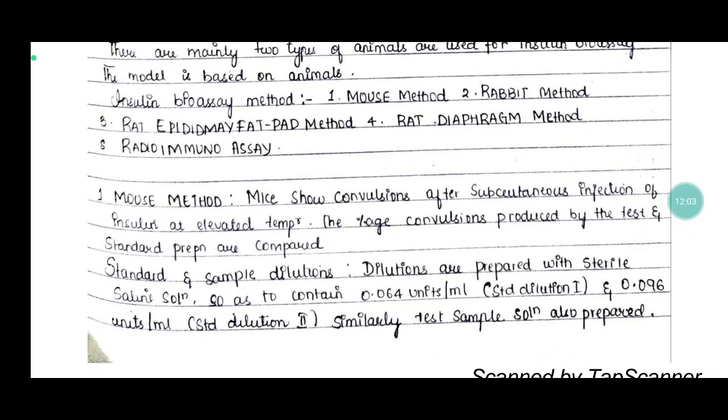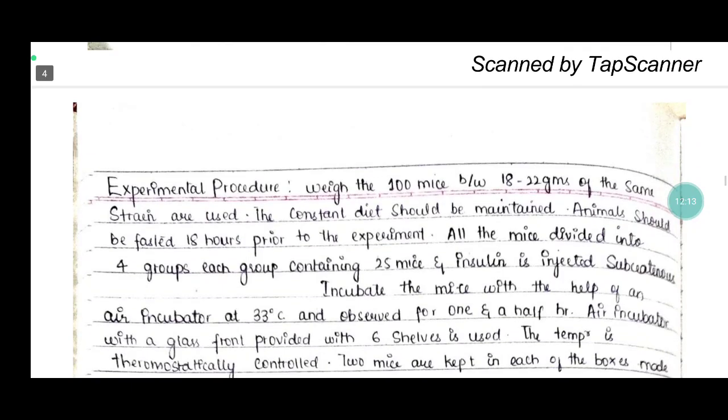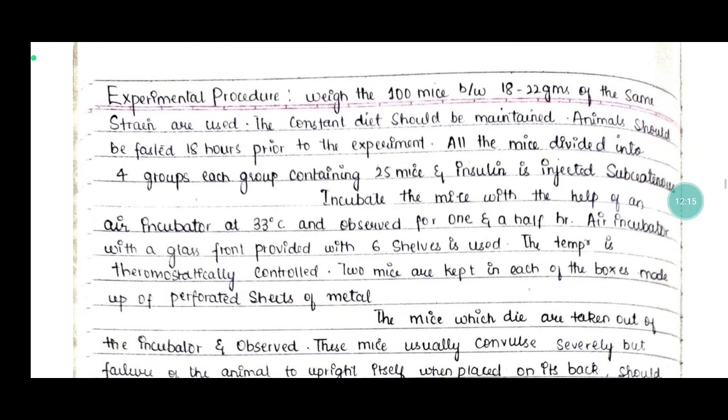The first one is the mouse method. The preparation of the standard solution and of the test solution are similar, as given above. For the experimental procedure, weigh 100 mice between 18 to 22 grams of the same strain.